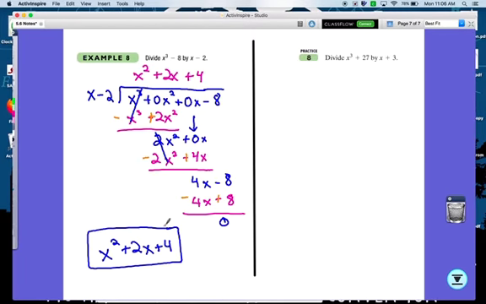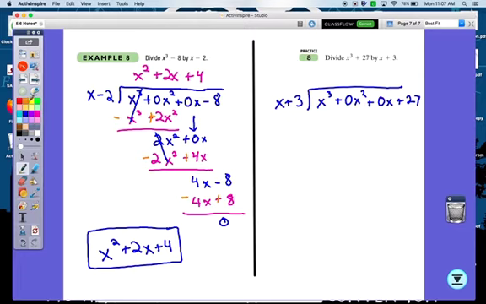All right, here you go. x plus 3 will go into x to the third plus 0x squared plus 0x plus 27. I'll need x squared. That'll give me x to the third plus 3x squared.